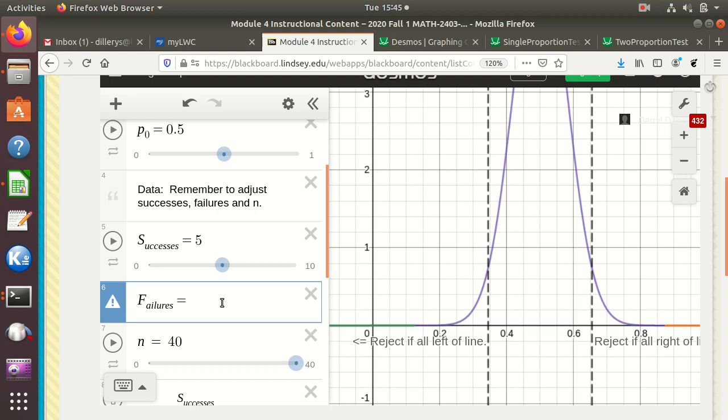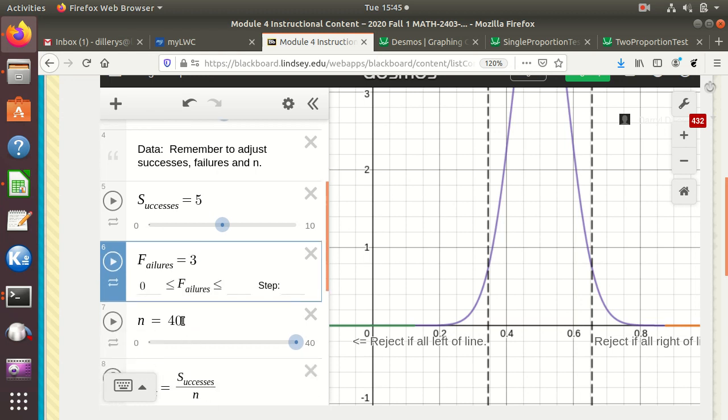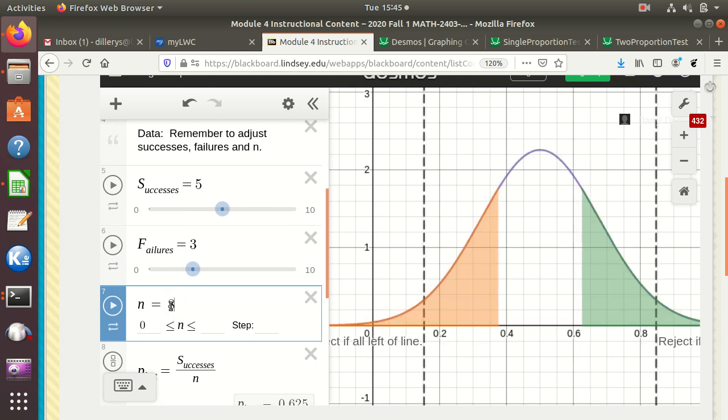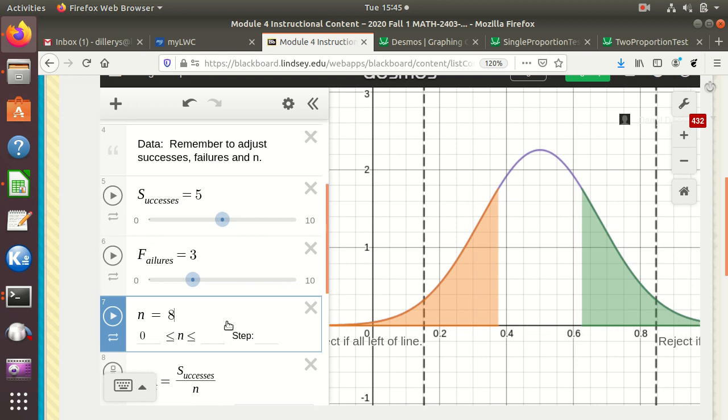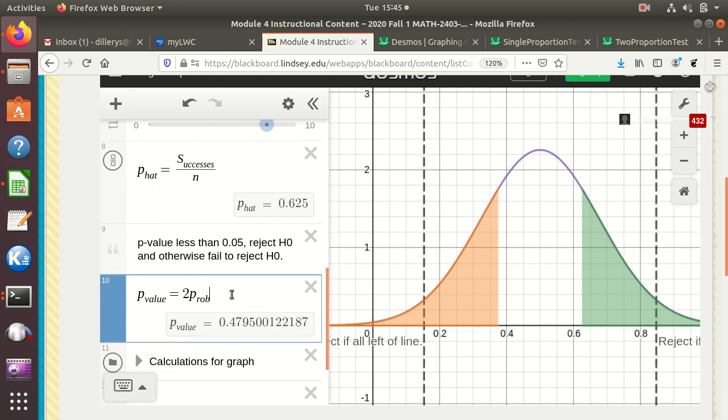Number of failures is 3, because n is 8. And at that point, we're done, and we can get a p-value down here. And the p-value is nearly 0.5. It's 0.479.